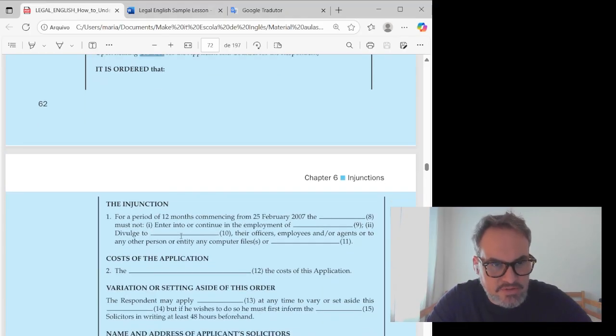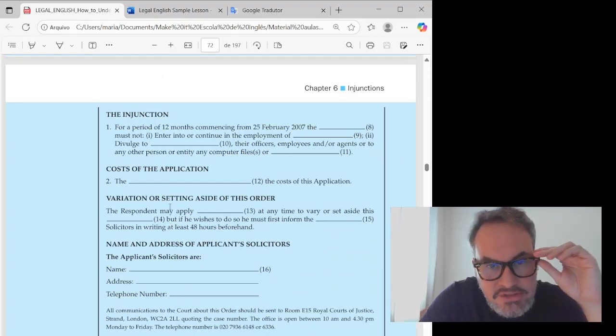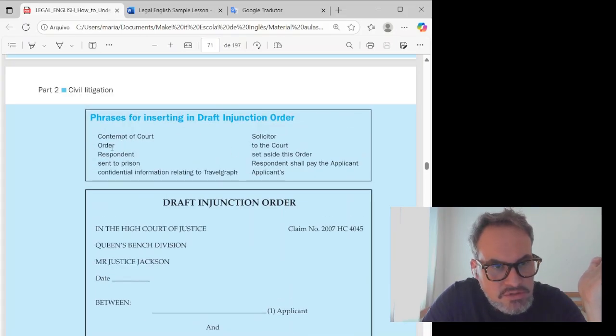It is ordered that the injunction for a period of 12 months commencing from 25 February 2007, the respondent must not. So, who must not do something? The respondent, of course.